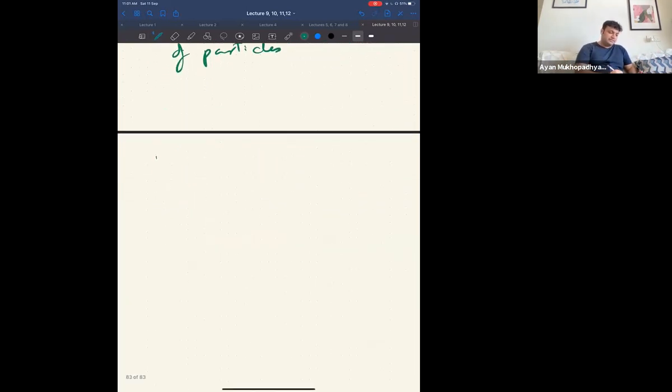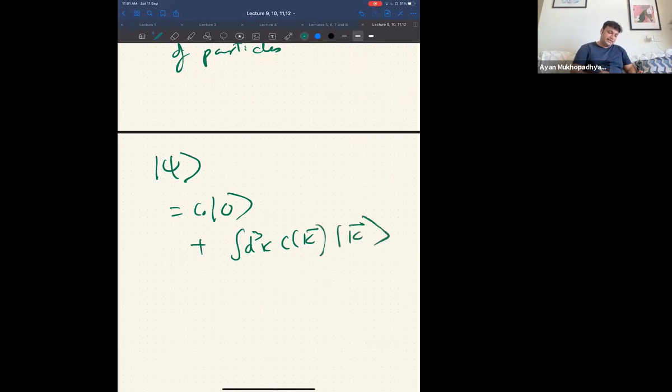So we have to live with some state psi where we have something like this: some vacuum, C0 times the vacuum, where C0 is just a number, plus something like a sum over k of C_k times the one-particle state.